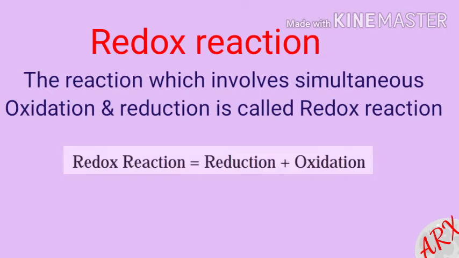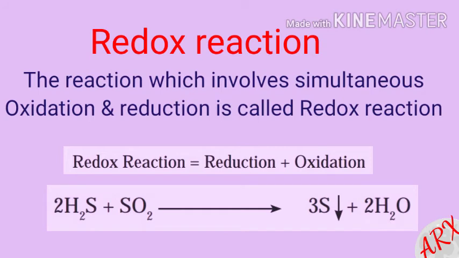The reaction which involves simultaneous oxidation and reduction is called an oxidation reduction or redox reaction. For example, the reaction between hydrogen sulfide and sulfur dioxide gives sulfur as well as water molecule. In this reaction, oxygen is given away from SO2 to form sulfur.